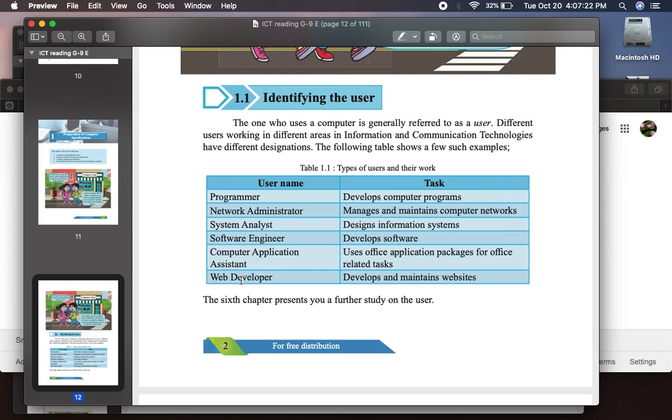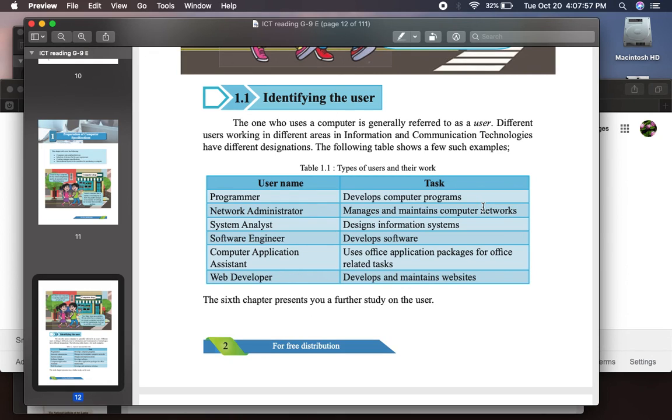Now, this is not a complete list, and these designations may not always be the same for the tasks listed. I mean, someone might call a network administrator an IT executive, but even though the designation says IT executive, what they may be doing would be to manage and maintain computer networks.